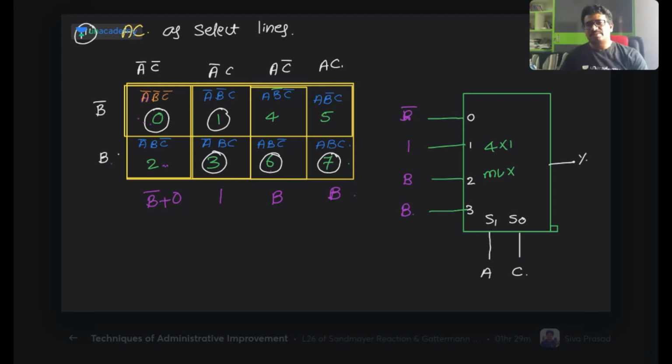Yes, 2 is not a minterm; it is a maxterm, so 0 into B is 0. Like this, we will implement these things.